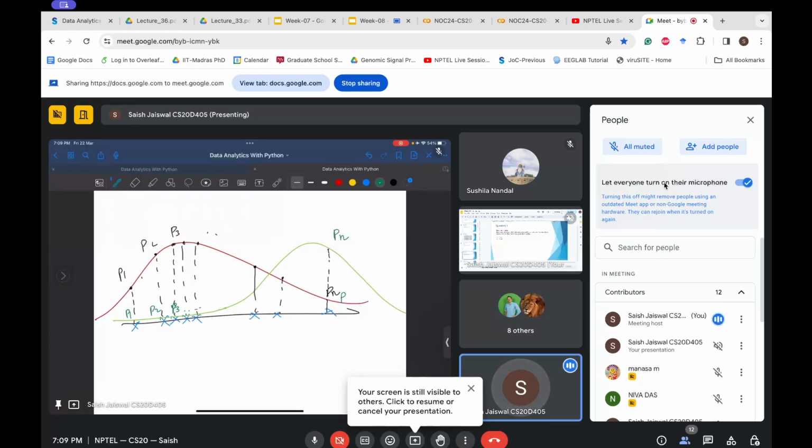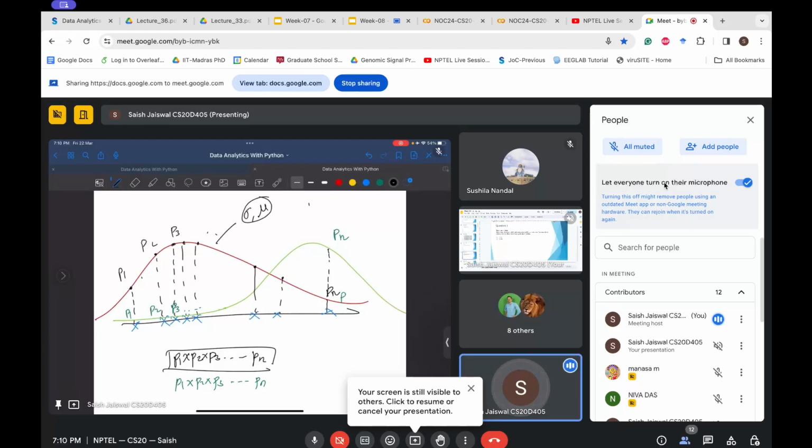So if you take the product of this, which one will be higher? Obviously this particular product with respect to the red curve. So you are trying to find a distribution with unknown parameters. In this case it is sigma and mu for normal distribution.